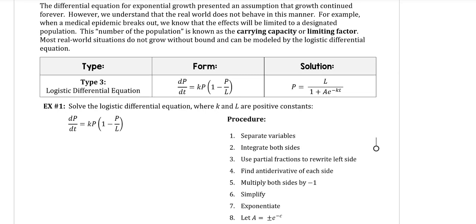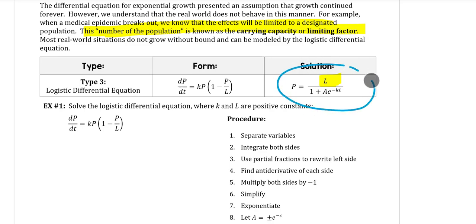So the population is limited by the carrying capacity or the limiting factor. That is usually our L, which is in the numerator of our logistic function. And you can see this is the same form of logistic function that we worked with in pre-calc.